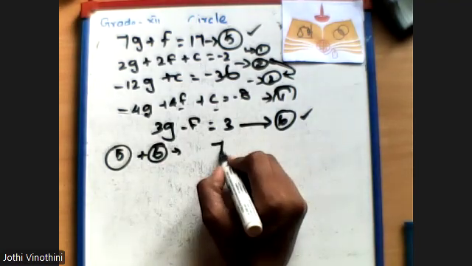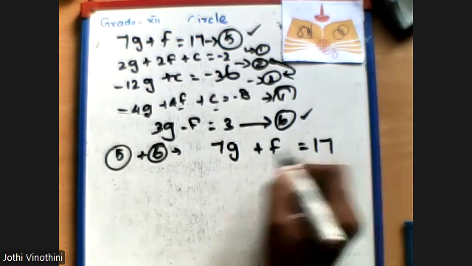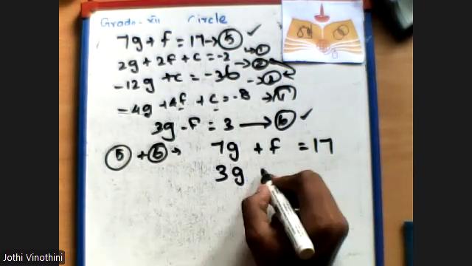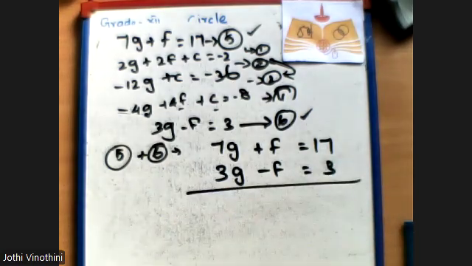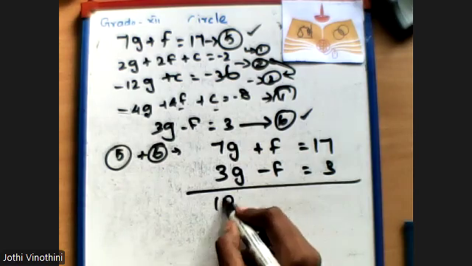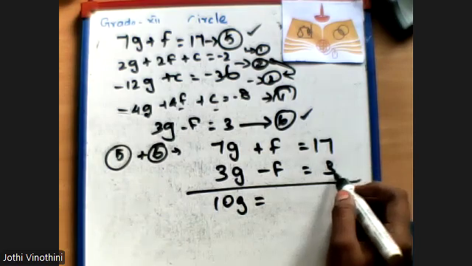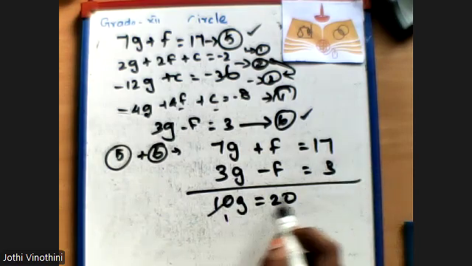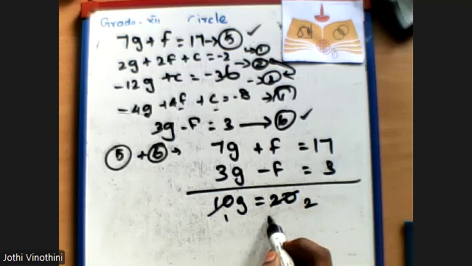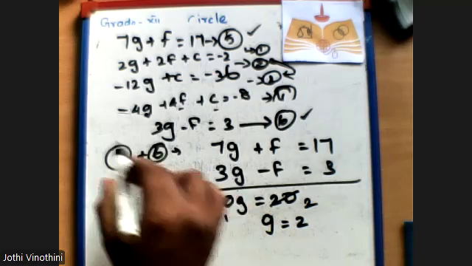What is equation 5? 7g plus f equals 17. And 3g minus f equals 3. So we directly add. It is 10g; minus f plus f gets cancelled, and 17 plus 3 will be 20. One ten is 10, two tens are 20. So the value of g is 2. Clear? So you can copy it.